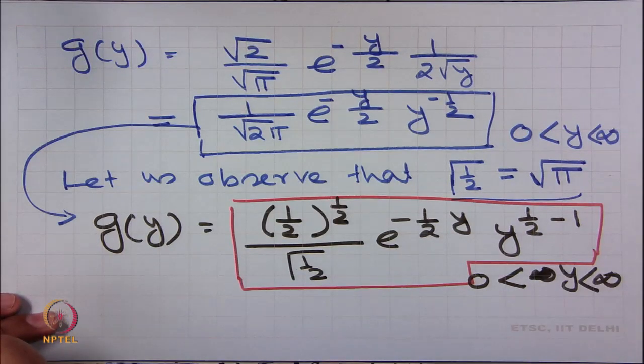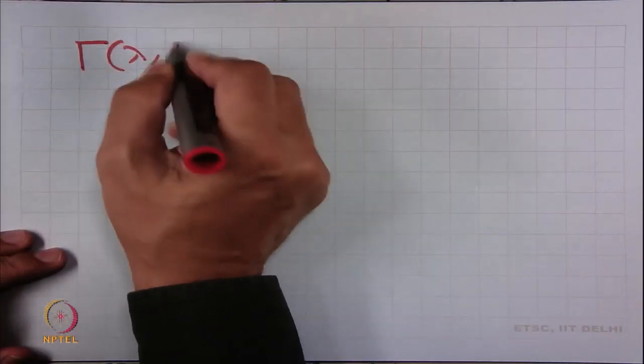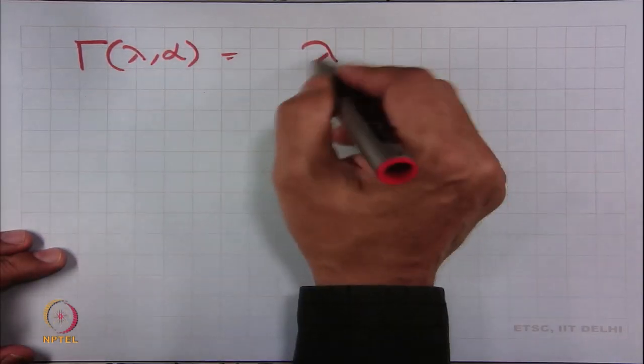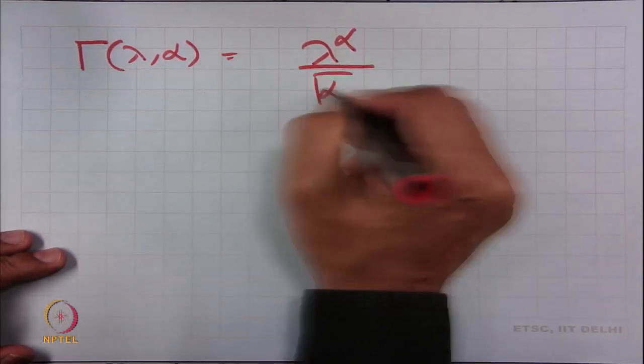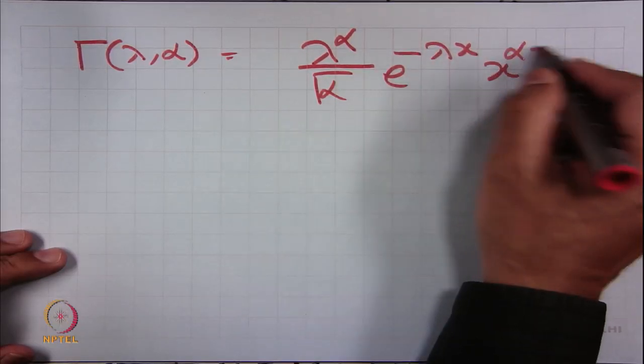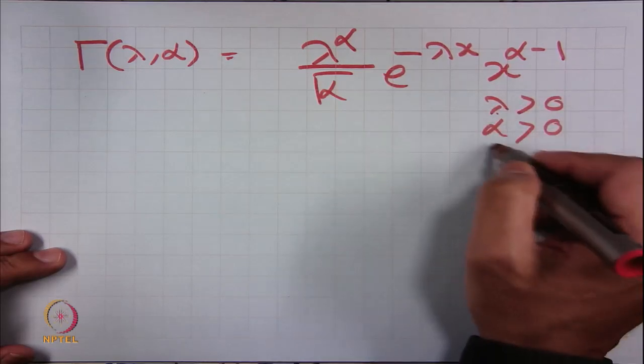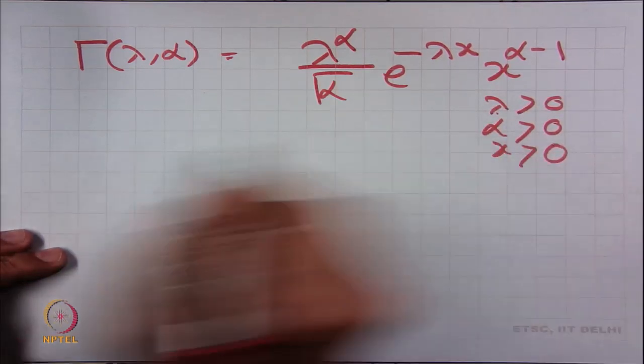I am sure you can, because this is of the form gamma lambda alpha, which is lambda power alpha upon gamma alpha e to the power minus lambda x, x to the power alpha minus 1, lambda greater than 0, alpha greater than 0 and x greater than 0.